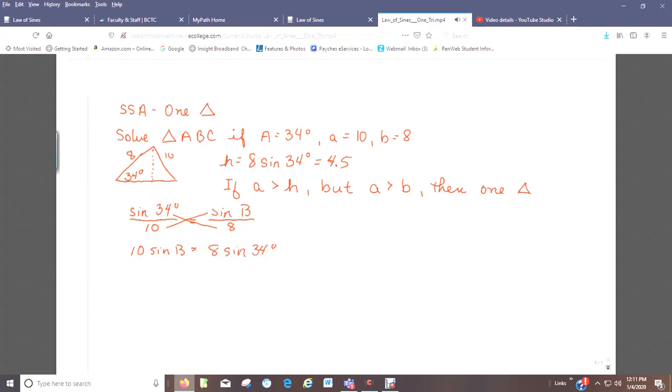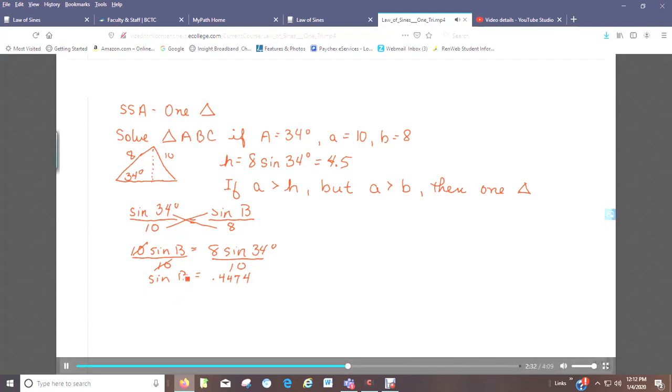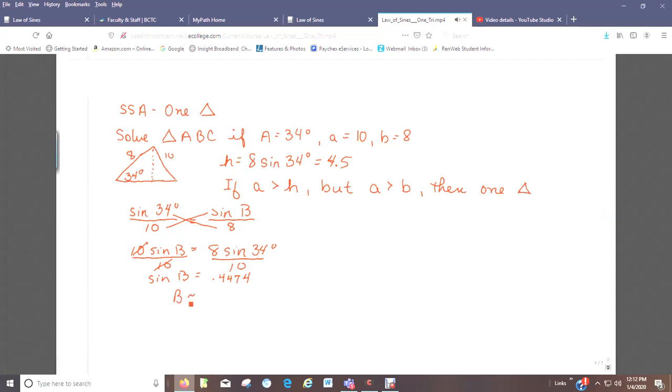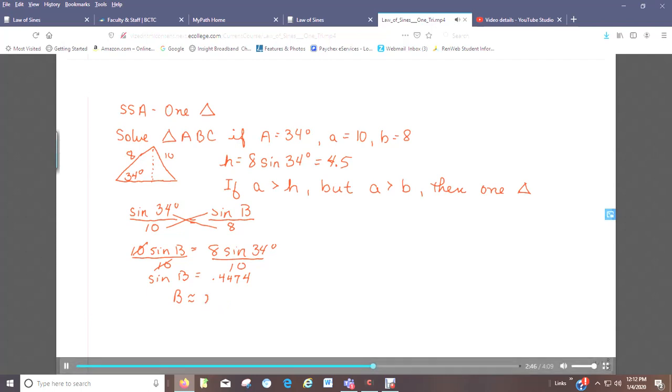Let's go ahead and divide out the 10 that's with our sine B. And I'm going to go ahead and put 8 sine of 34 into my calculator, divided by 10, and that is 0.4474. And now to get angle B, I've got to use sine inverse of 0.4474. And that gives me that angle B is approximately, if I round it off, 27 degrees.